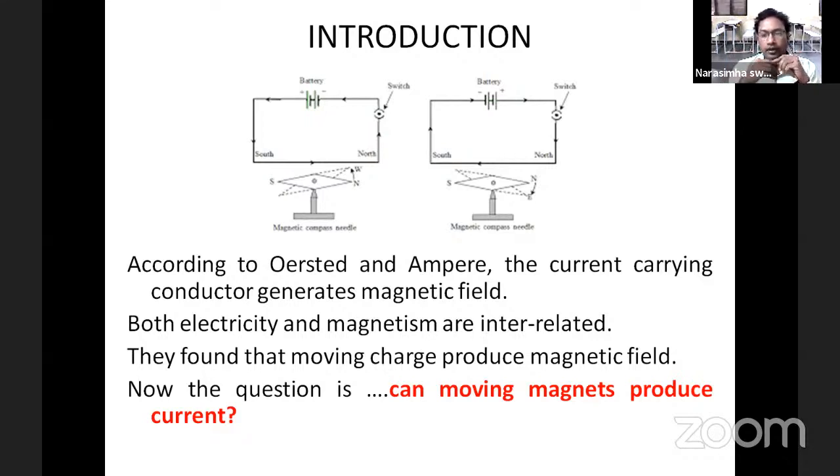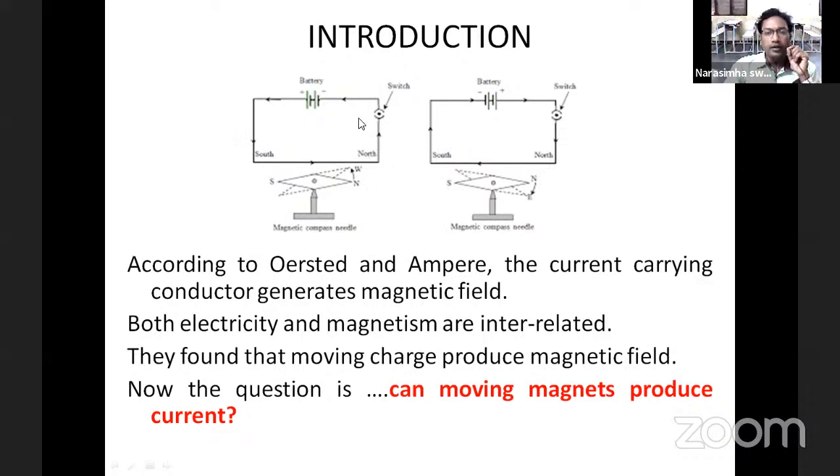So, as per the situation, deflection means either attraction or repulsion, depending on the neighboring magnetic field. Here this needle is deflecting because some magnetic field is nearby. This magnetic field is generated due to the current which is flowing through the circuit.